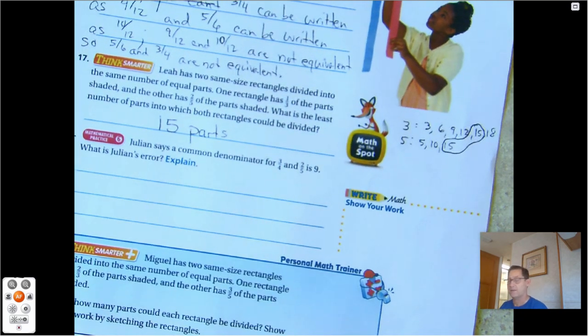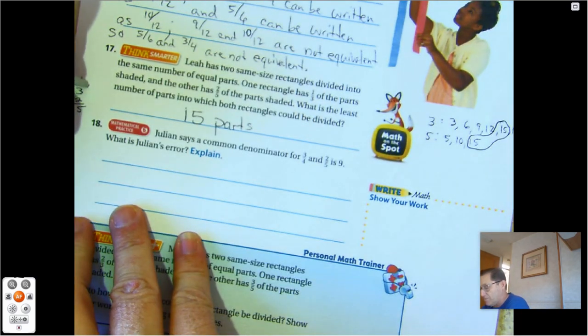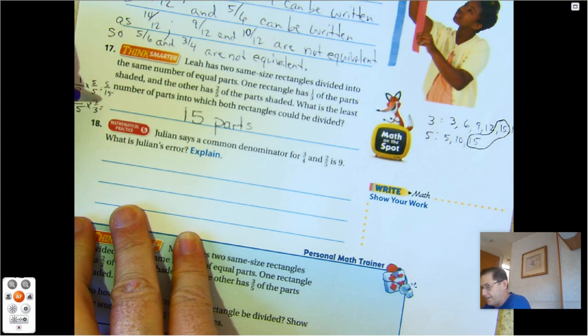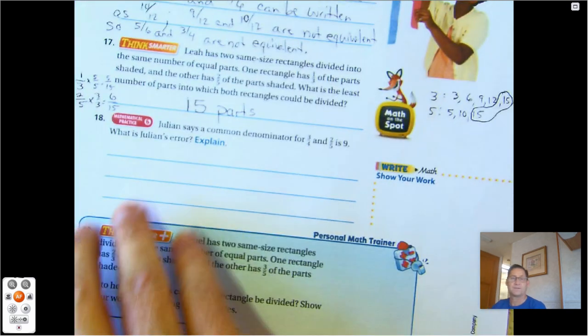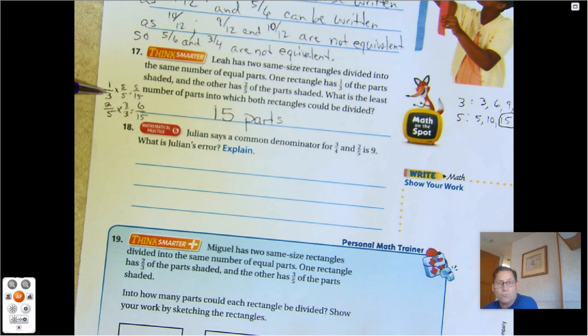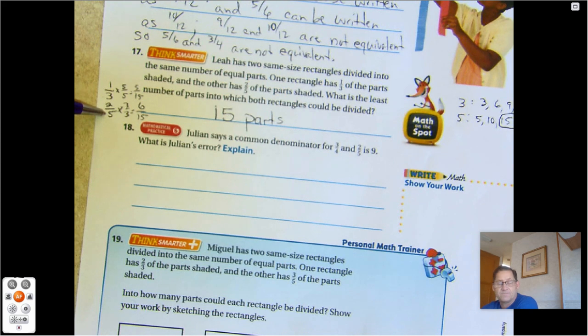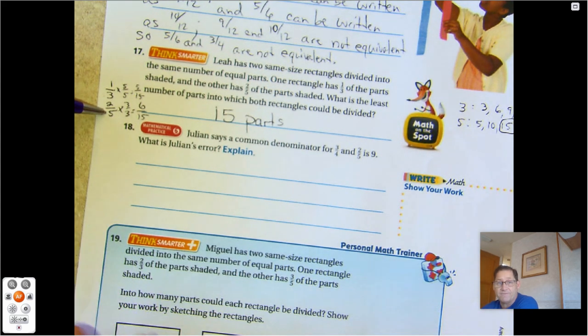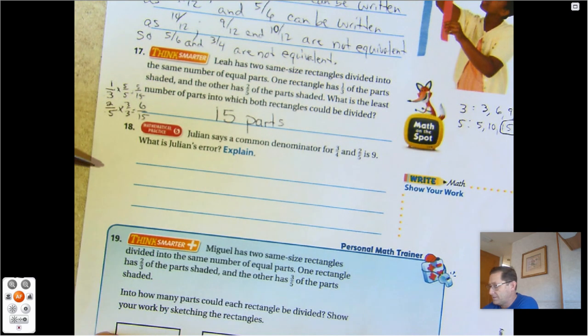So we'd be multiplying 1/3 by 5/5, and 2/5 by 3/3. Looking at the folds, this one had thirds. If I took those thirds and folded them 5 additional ways, I would have 15 parts. If I took the fifths and folded them 3 additional ways, I'd have 15 parts.